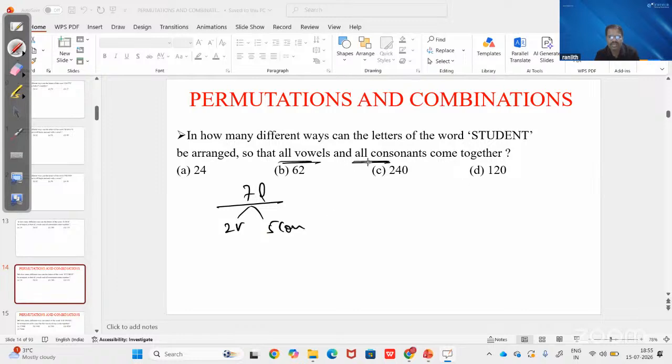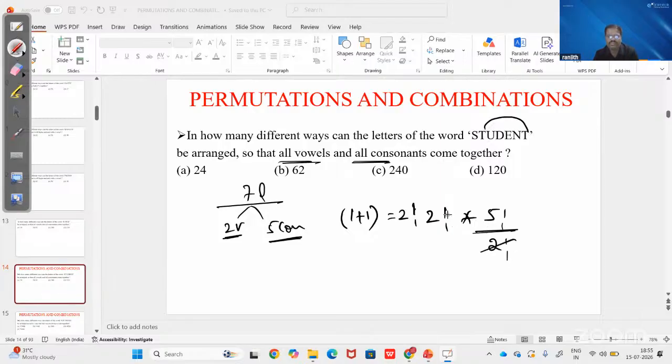All vowels and all consonants together is 1 plus 1 equals 2 factorial. 2 vowels can be arranged in 2 factorial, and 5 consonants in 5 factorial. In the consonants, 2 T's are common, so divide by 2 factorial, and the 2 factorial is cancelled. 2 into 120 is equal to 240. So the answer is 240.